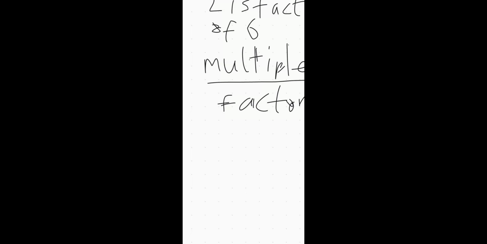Because we've seen that 2 times 3 is 6. And so that means the factors of 6 are 1, 2, 3, and 6.